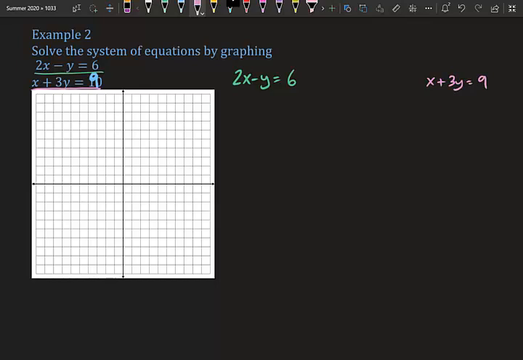So we're just graphing both of these equations on the same plane. To graph it, remember it needs to be in y equals mx plus b. So the first thing I'm going to do is subtract 2x. And when I do, we're left with negative y equals negative 2x plus 6, divide by negative 1. So we have y equals 2x minus 6.